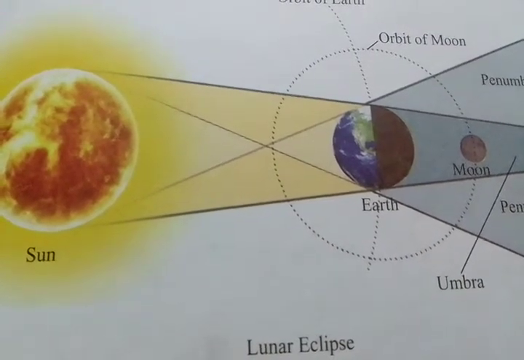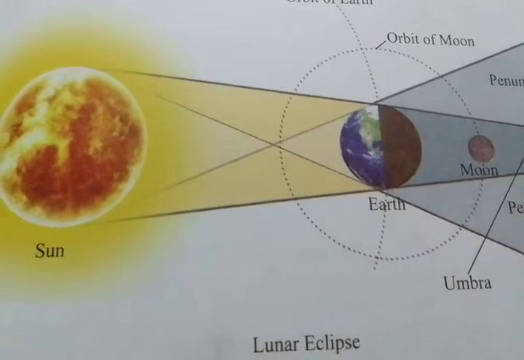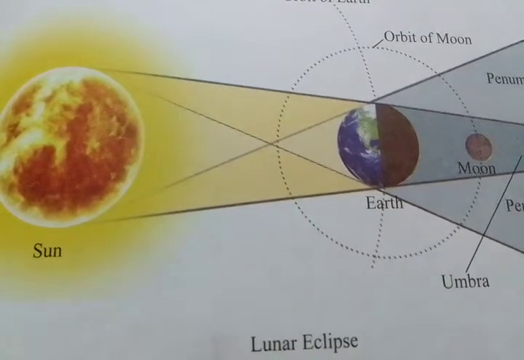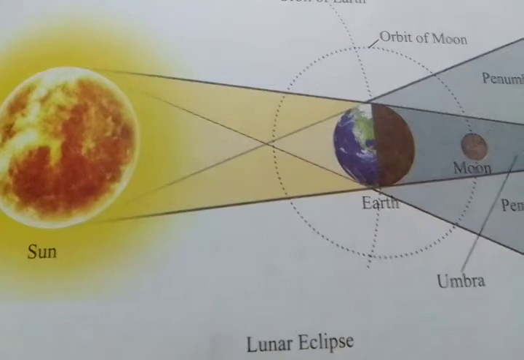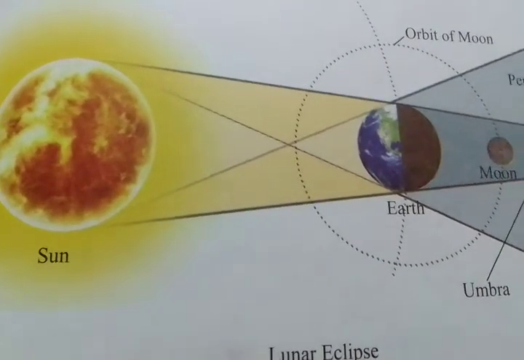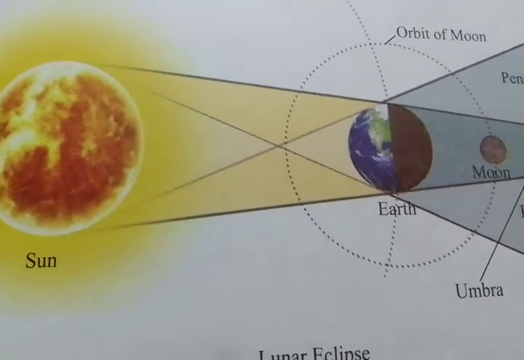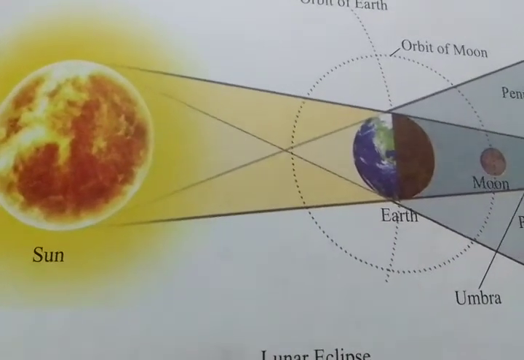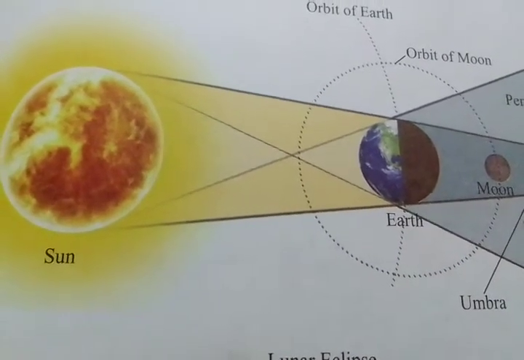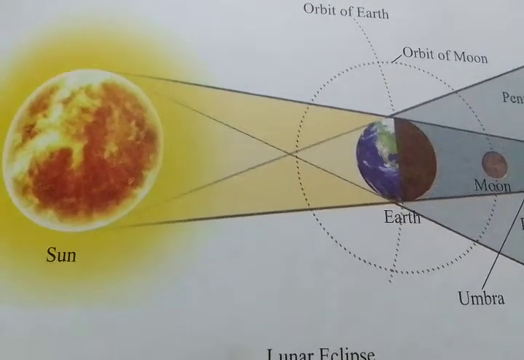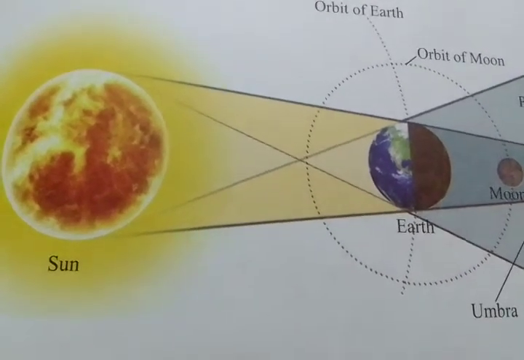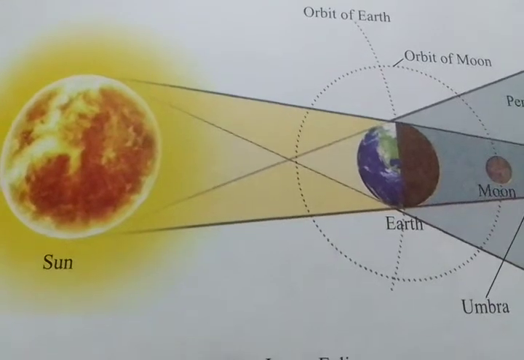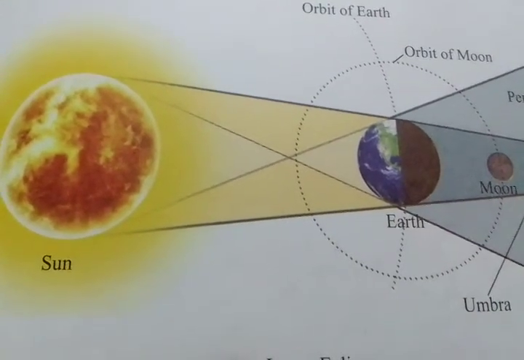When the Earth, the Moon, and the Sun form a straight line, the one which is in the middle receives the sunlight, whereas the other one which is behind does not, or maybe partially or completely receives the sunlight. The one in the middle casts a shadow on the one which is behind. This is called eclipse. Clear?